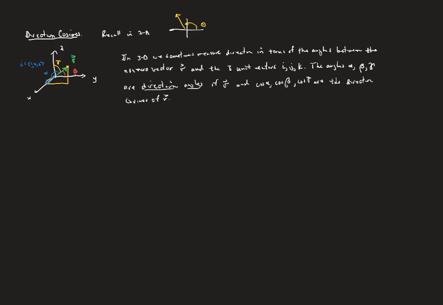Okay, so if we're looking for the cosine of alpha, we know that comes from u dot v over magnitude u magnitude v, but that's going to be v dotted with the I vector.